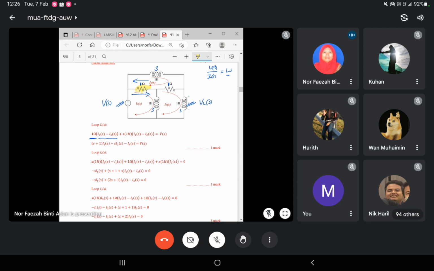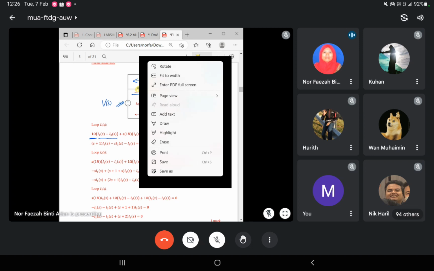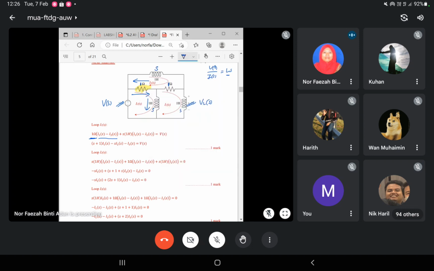And then next component dalam loop ni is an inductor. So S darab dengan current dia yang positive direction adalah the I1. Ni kita ada I1 and then I2 ni the opposite. So S darab I1 tolak I2 sama dengan what is the supply? VS.